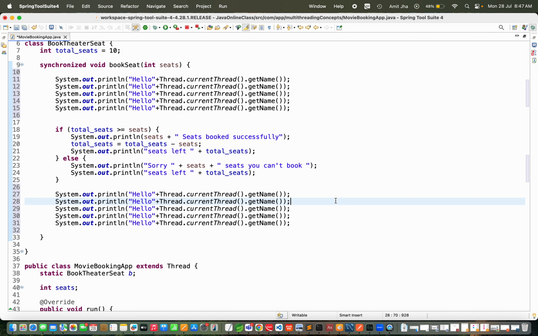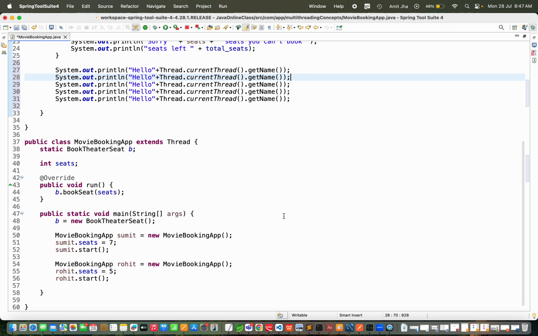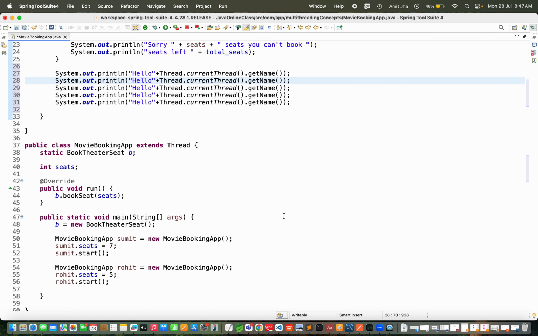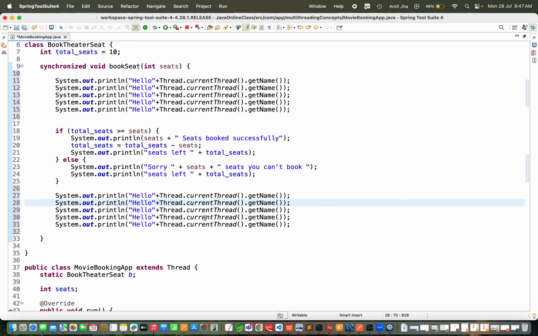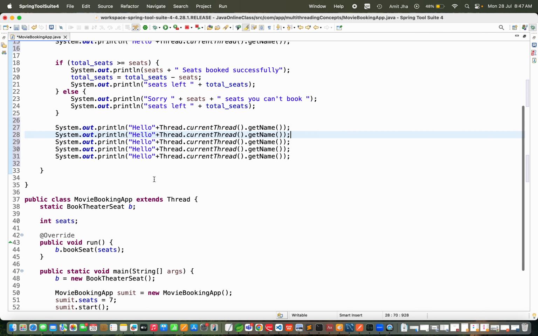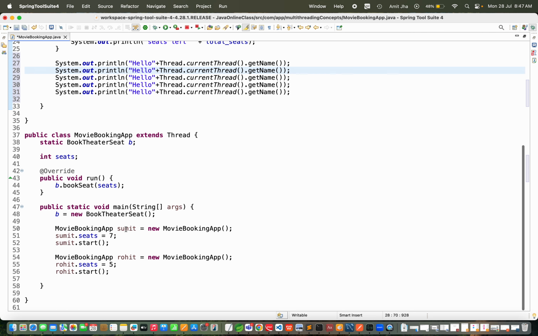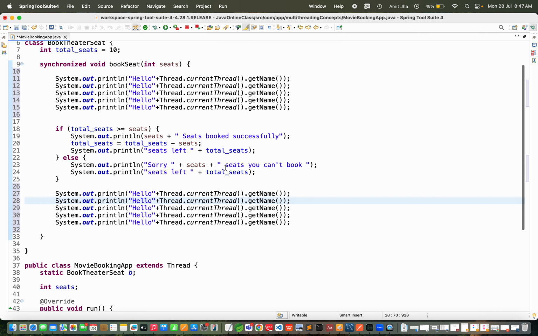Then tell me, guys, suppose we have 2 threads, okay, understand? Please be focused on what I'm going to tell you. Suppose we have 2 threads, Sumit and Rohit, and they are going to execute this bookSheet method. Unless the first thread completes its task, the second thread will stay in lock state only.